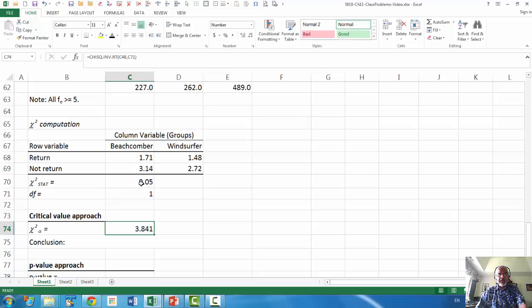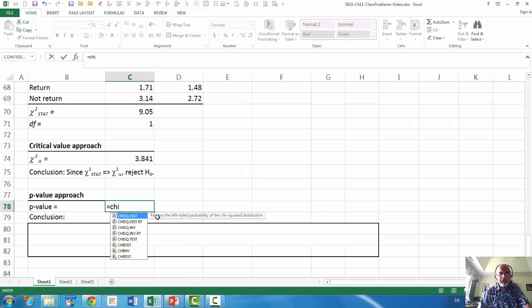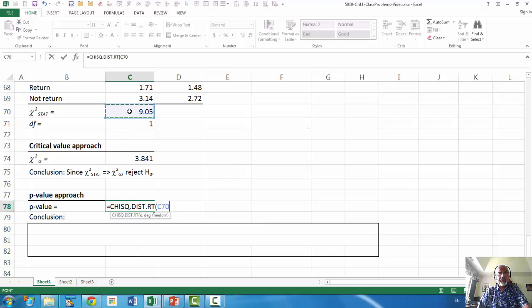The proportions are not the same. If you wanted to do this with the p-value, then you use CHISQ.DIST.RT with the chi-squared statistic, comma, the degrees of freedom. That will give you the p-value.